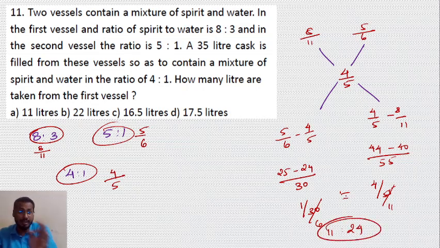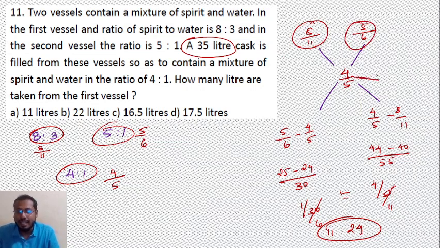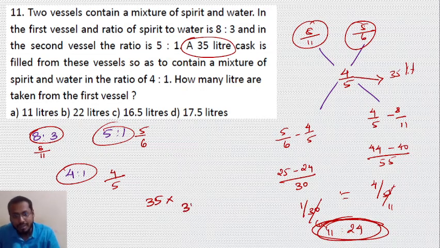Look at this carefully. A 35-liter cask is filled from these two vessels, so totally it was 35 liters. And what is the total part? 11 plus 24, that is also 35.